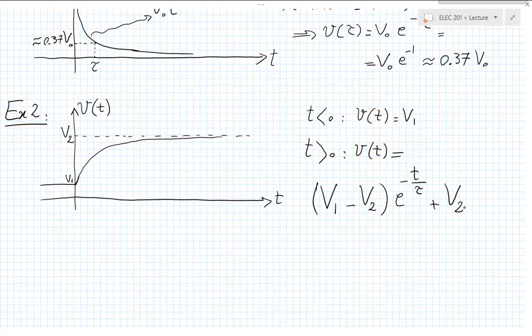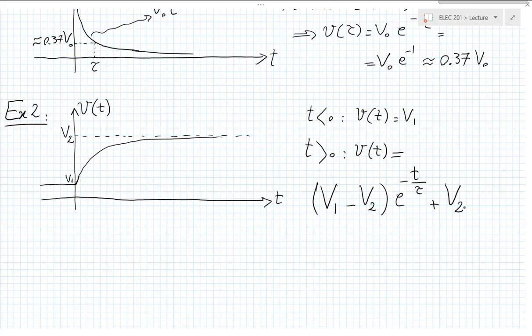So what you're seeing is the final value here, and the initial minus the final value multiplied by the exponential term. You might remember we defined this concept of initial value and final value last time. And so this kind of thing is very common to see. People will talk about the initial value. For instance, this could be called V of 0, right?